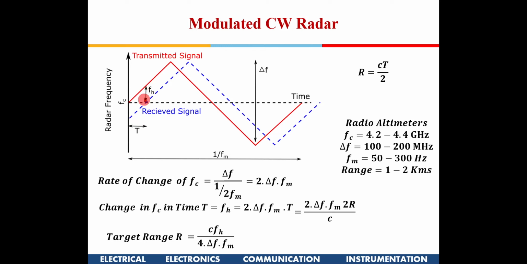The difference between the received and the transmitted signal, that again we did the derivation. That difference signal would be proportional to the range. If the reflected wave is coming after traveling a larger distance, then obviously there will be a larger frequency difference. So this we saw in the second class.